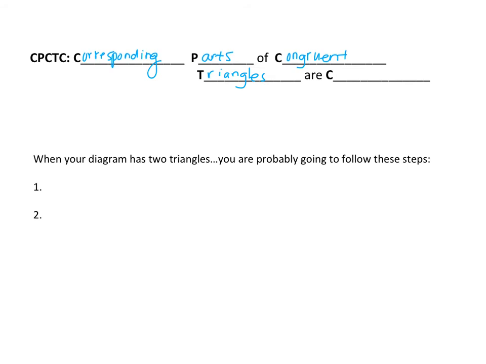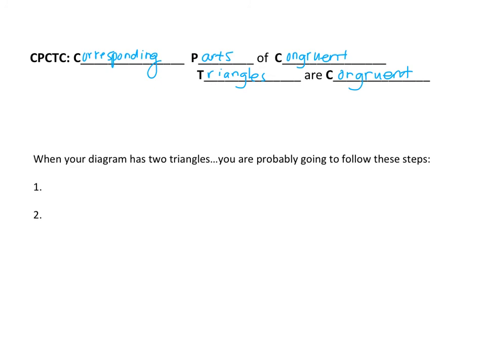So corresponding parts of congruent triangles are congruent. This is a very helpful step when you are proving something about two triangles, because if your triangles are congruent, then all of the corresponding parts will also be congruent.